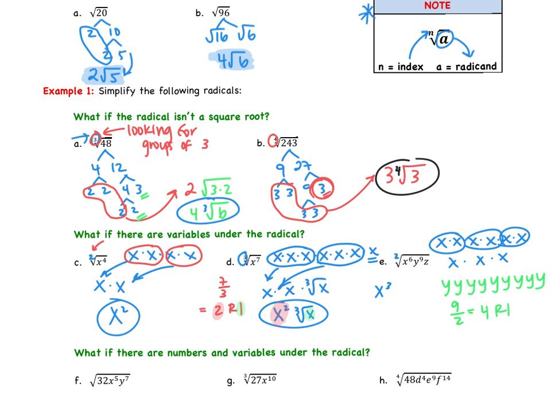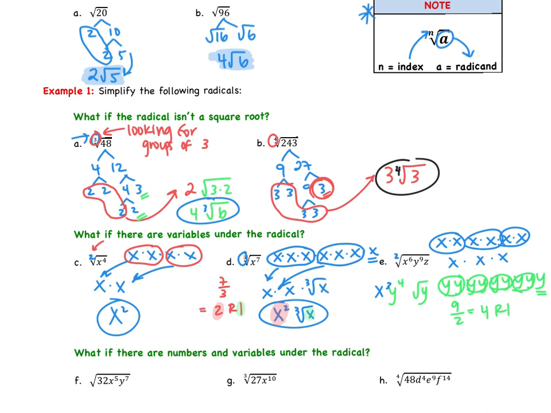So what does that tell me? 2 goes into 9 4 times, once remaining. If I were to circle my pairs, I get 1, 2, 3, 4, remainder 1. So y to the 4th comes out in front. The y that's left stays underneath the root. The y that's left would either be this y or this 1.